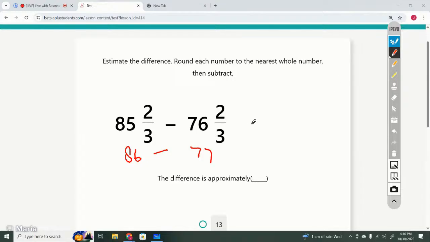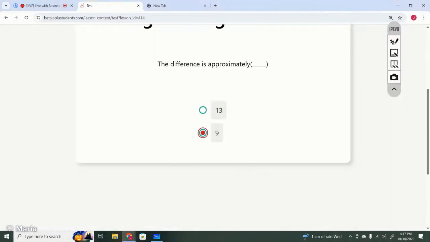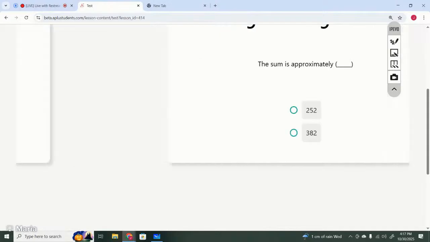So just subtract: 77, 78, 79, 80 ... 9 it is. 86 minus 77 is 9. So the correct option is 9. Option number 2 is the correct option.